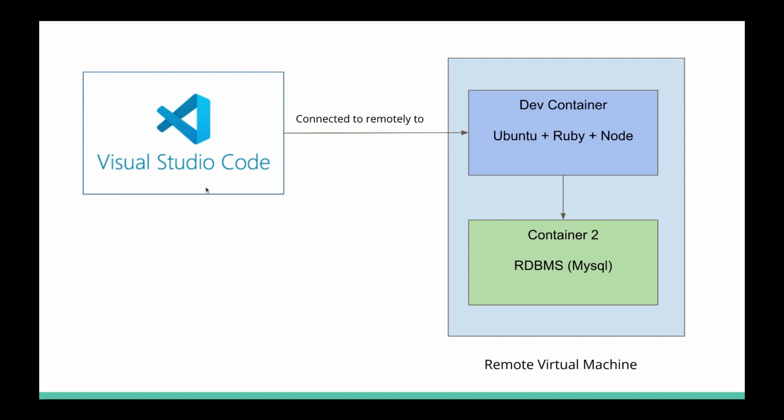Then we can have Visual Studio Code through the browser, or even from your local system, connected remotely to this dev container on that remote virtual machine. It's the way that we can develop any web application right on GitHub.